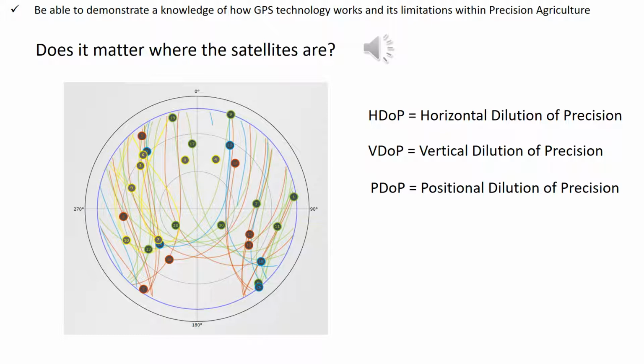There are various ways we can get inaccuracies due to where the satellites are placed in the sky. The first one is called the H-DOP, or the horizontal dilution of precision. There is also a V-DOP, which is the vertical dilution of precision. We also have a G-DOP, called the geometric dilution of precision, and the P-DOP, called the positional dilution of precision, which is a combination of them all.